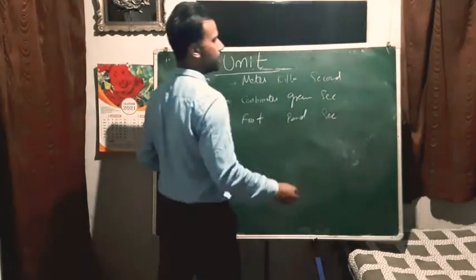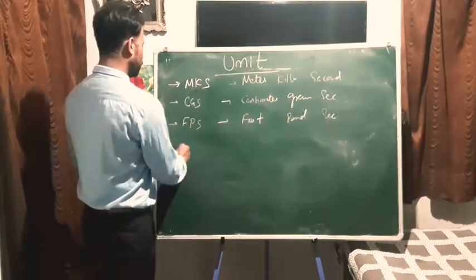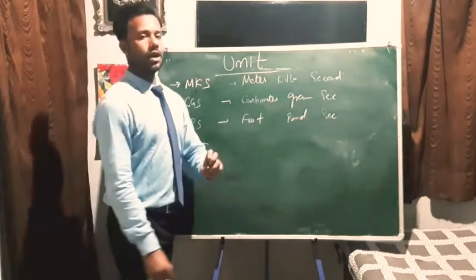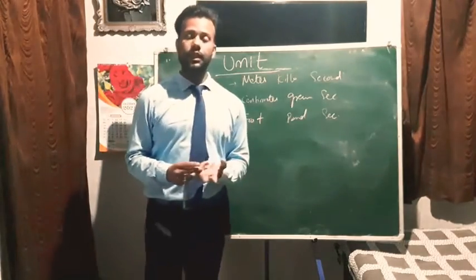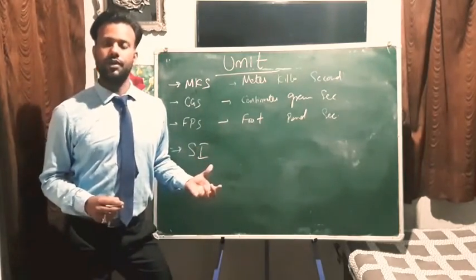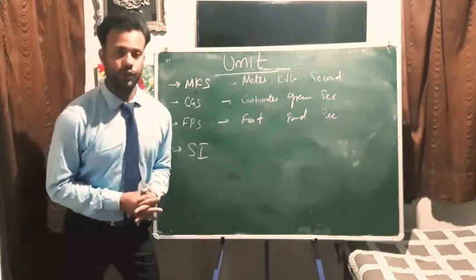So you can see that time is common in every system. After that we have one more system, the SI, System International unit. These days we usually follow this International system, SI unit, right? So these are the systems of units.